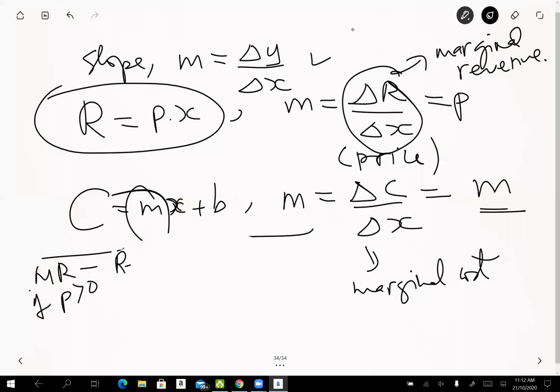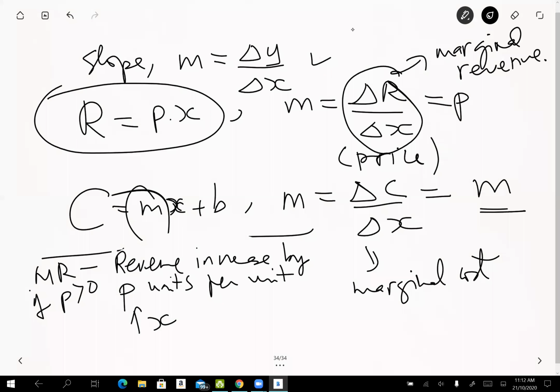That means your revenue will increase by the amount of the price, by P units, whatever the unit is, normally in dollars, per unit increase in X. In other words, if I sell one more unit of the good, my revenue will increase by P units. So that is marginal revenue.